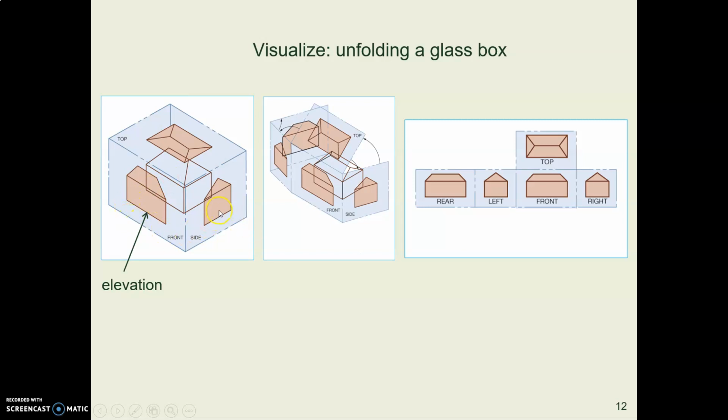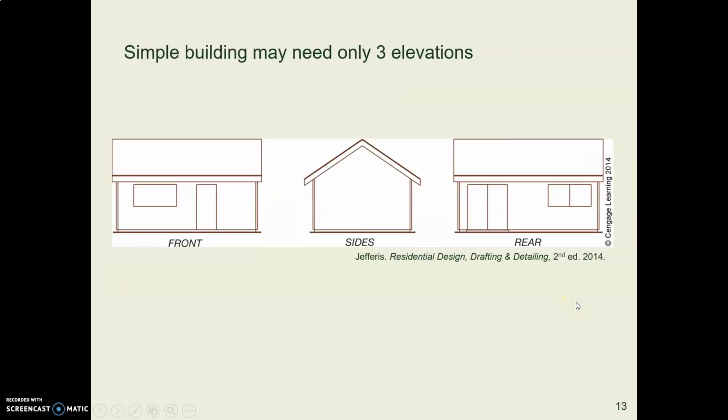And then after you have in your imagination traced what you see on each flap of the glass box, you unfold the box and look what you're left with. You have elevations all aligned in a row, and you have a plan view. Depending on what you're drawing, you might only need 3 elevations. You might need a front and a back and one side, for example.